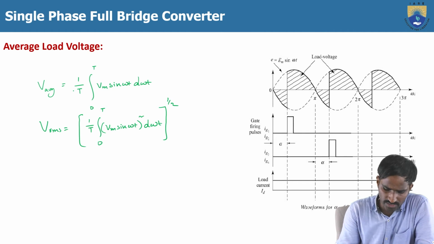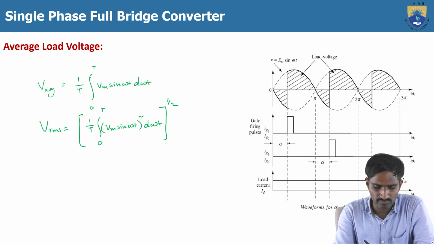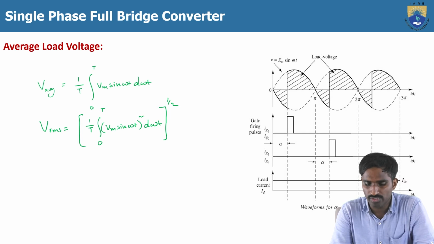So here the only thing that we need to concentrate on is the total time period of a particular waveform and the conduction period of the waveform, that we need to identify from the output voltage waveform.